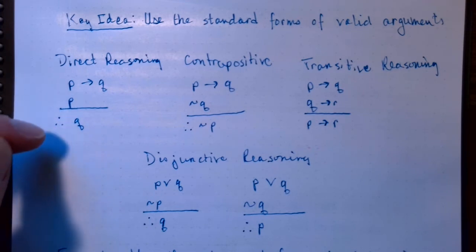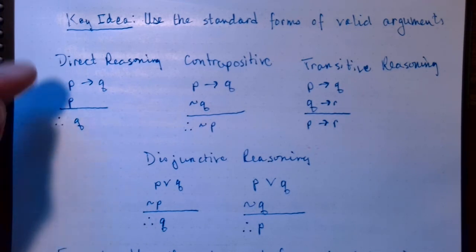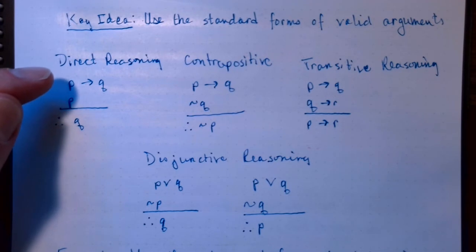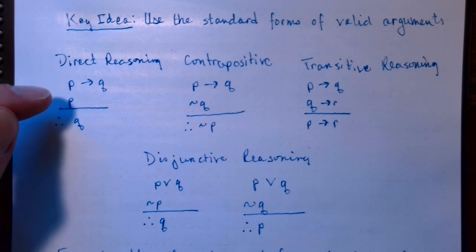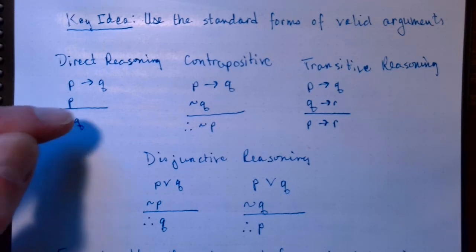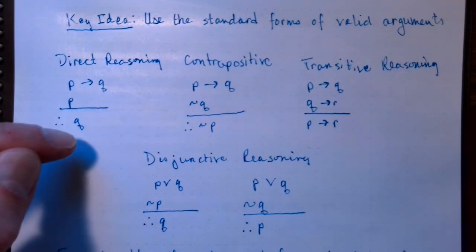It's raining, therefore the grass gets wet. So this is direct reasoning. You have the conditional, you have the premise as one of the antecedents, and then the consequent is your conclusion.